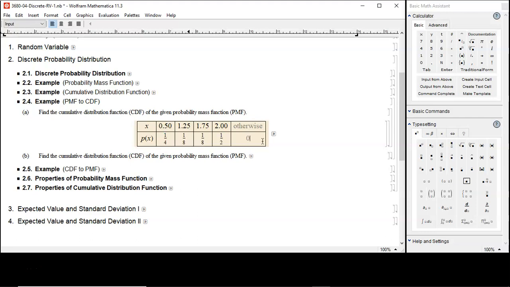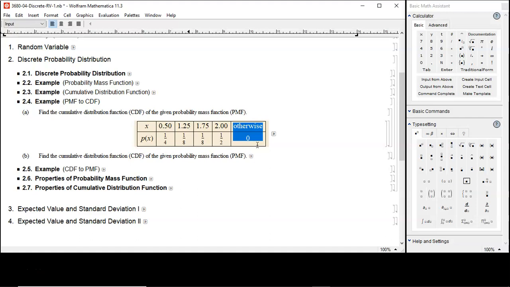Otherwise, this is the wrong mass function. All possible outcomes must add up to 1, the probability of the entire sample space. For example, if this had been blank, you should be able to fill it out because they have to add up to 1. And then, otherwise 0, it's nice to have here, but that's not really required because everybody knows.